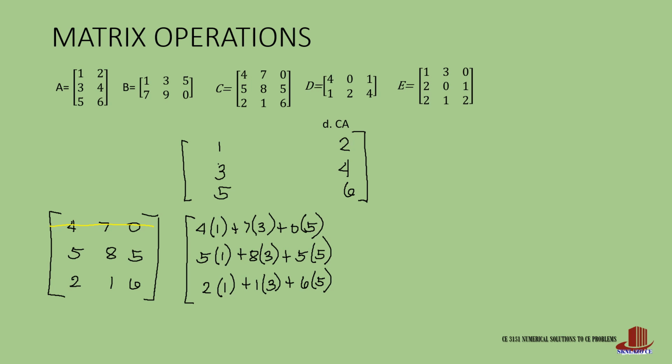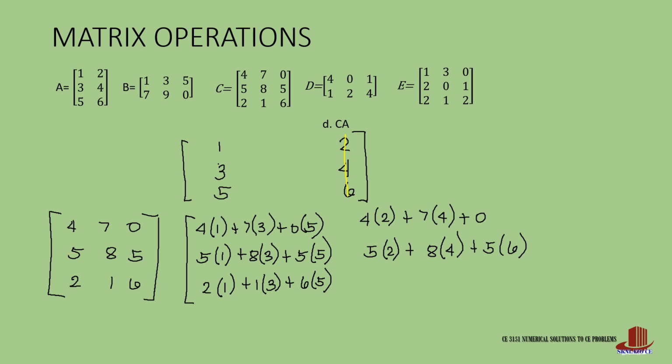We would start with the first row, and this would be 4 times 2 plus 7 times 4 plus 0 times 6, or simply 0. The second row, we would have 5 times 2 plus 8 times 4 plus 5 times 6.